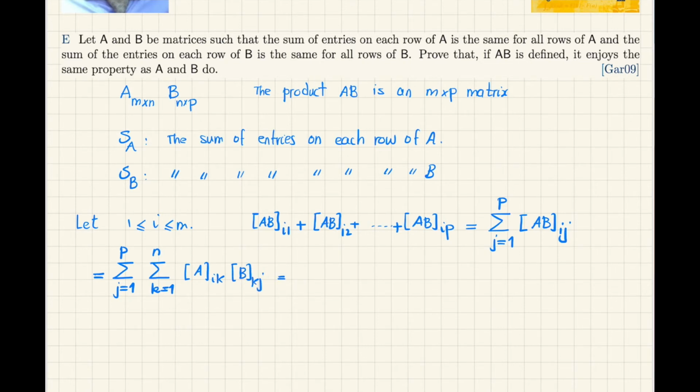But we know that if we have two finite sums, I can interchange the sums. So I can write the sum of k from 1 to n, then sigma j goes from 1 to p. Then I will have that product.